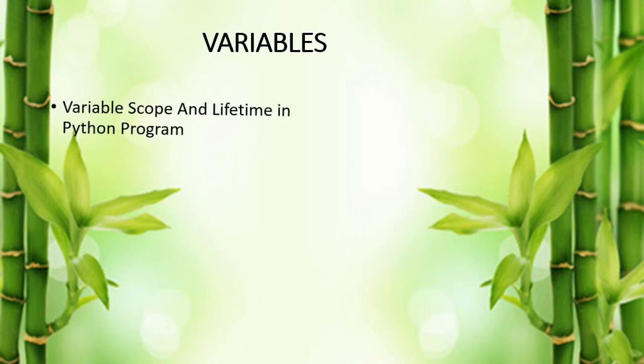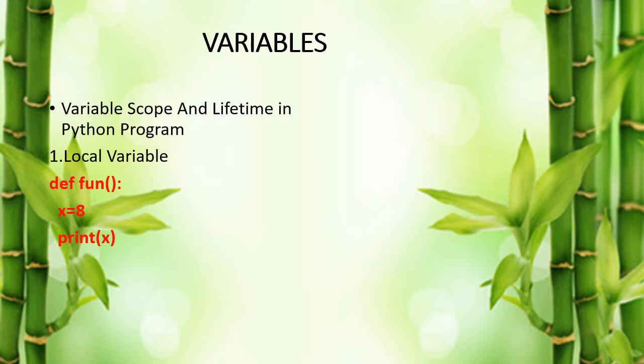Variables are used to store values in memory for further processing. There are two scopes of variable in Python: local variable and global variable. See here, there is a function named fun. Inside the function, 8 is assigned to x and its value is also printed.